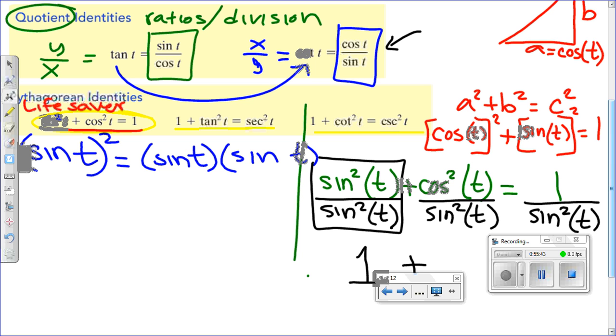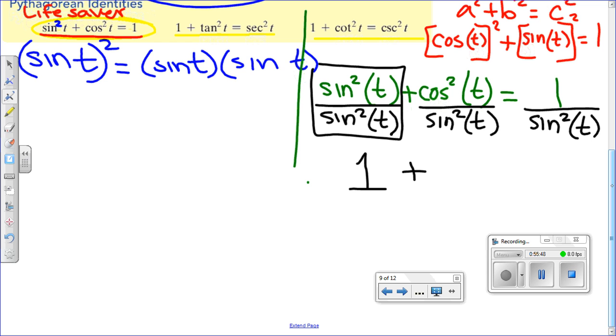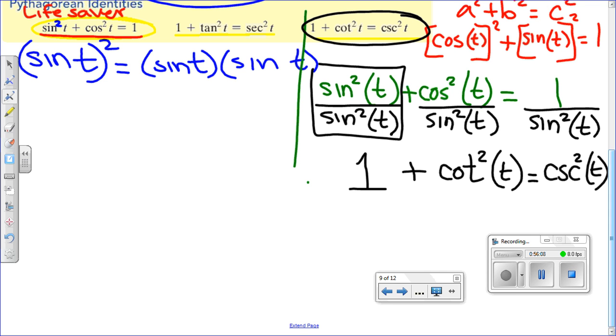Not tan, cotangent. But here we have square, so we're just going to put cotangent square. And then based on the reciprocal identities, the very top, what is 1 over sine? Cosecant. So cosecant square of t. And that's how we get that one, right.